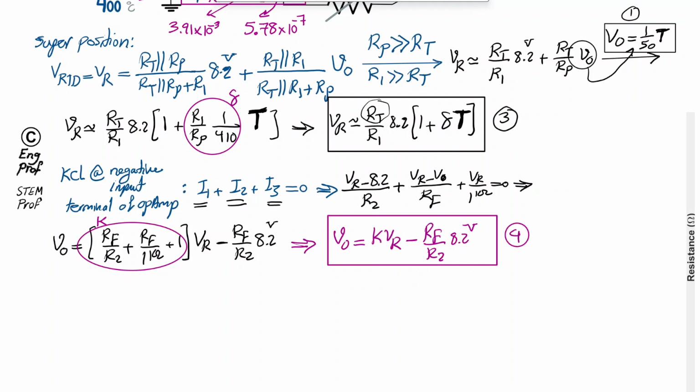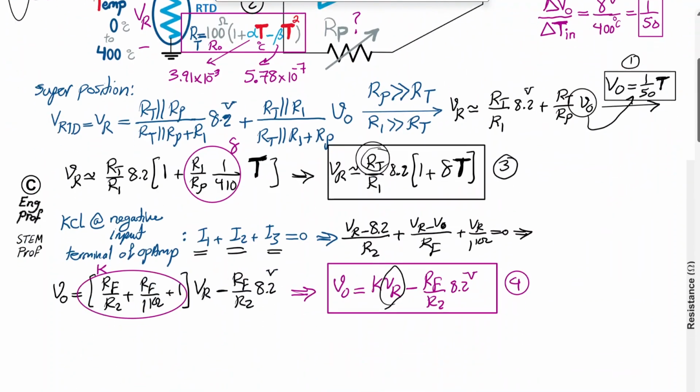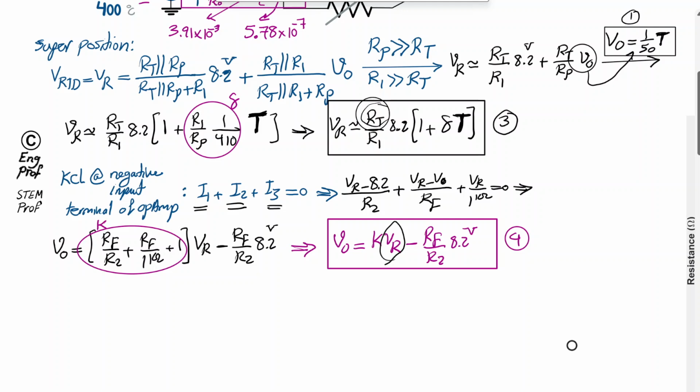Okay, now, what is the meaning of this? We're going to substitute for VR from equation 3. So I'm going to substitute for VR using equation 3. And at the same time, I'm going to substitute for RT using equation 2. So I'm going to do that. Okay, so what's going to happen is this one.